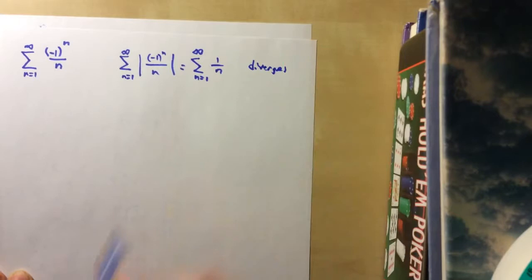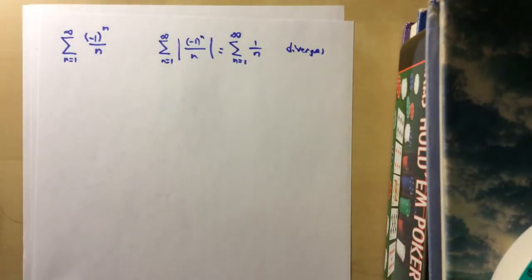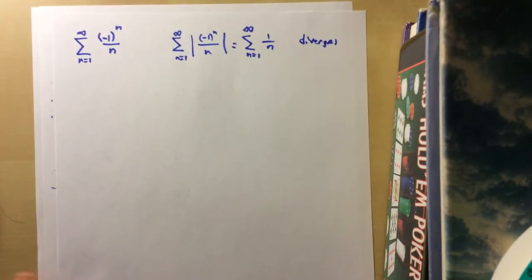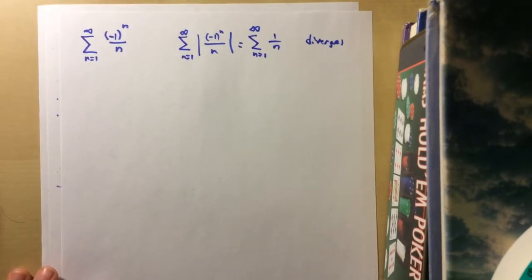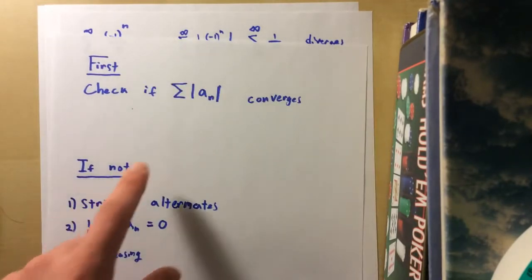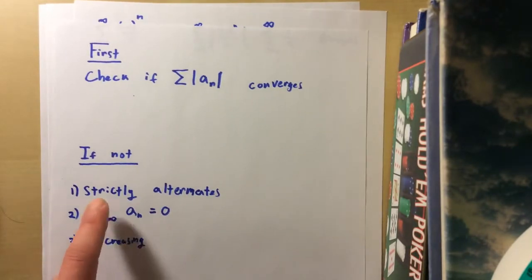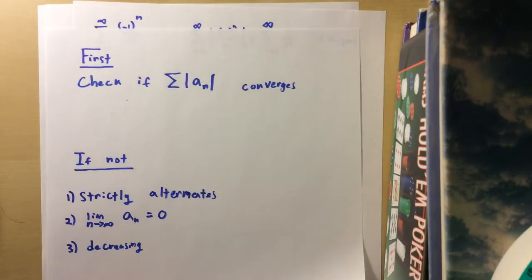So right there, we can say that it doesn't show absolute convergence. So let's look at our list. Well, it didn't converge, so now we got to check for conditional convergence.